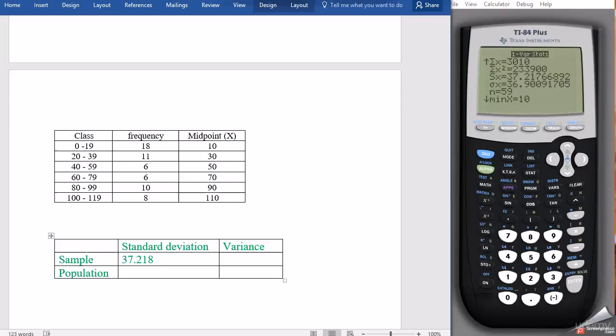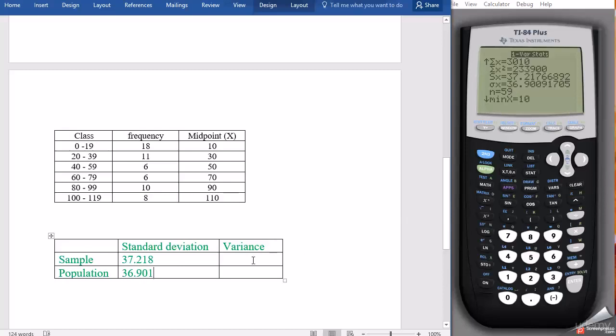That's the sample standard deviation. The population standard deviation, sigma x, is 36.901. Okay, so those are the standard deviations for sample and population.